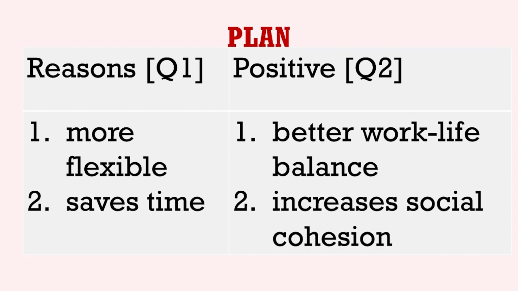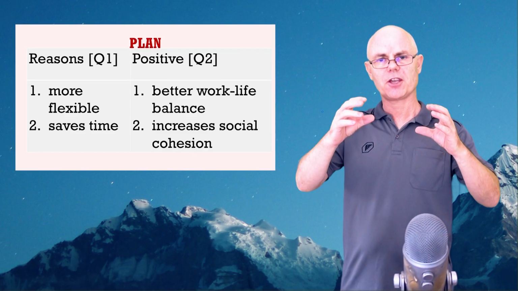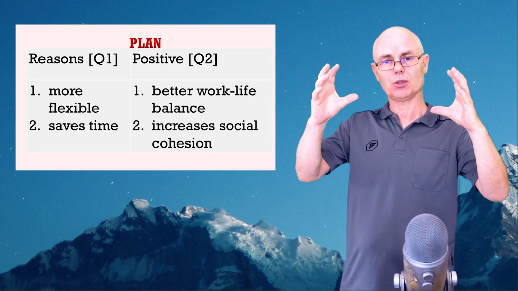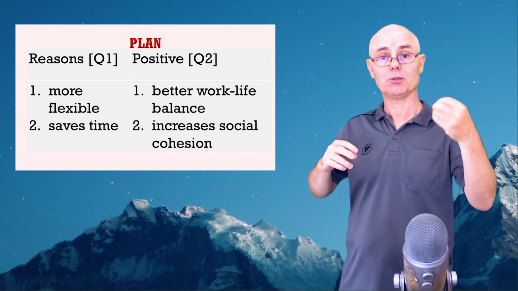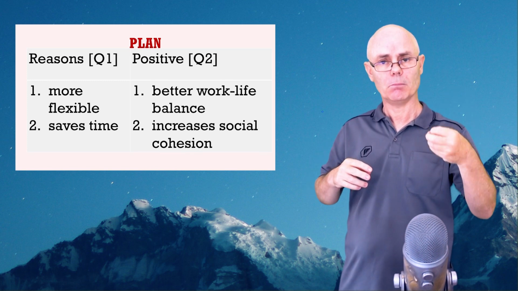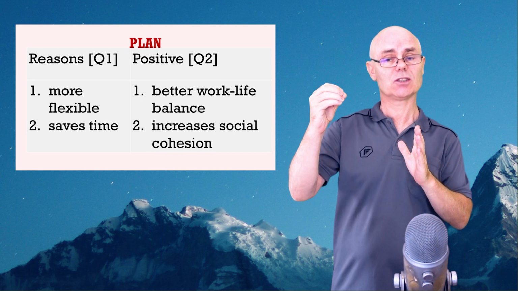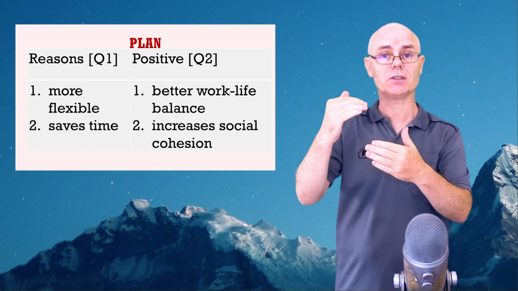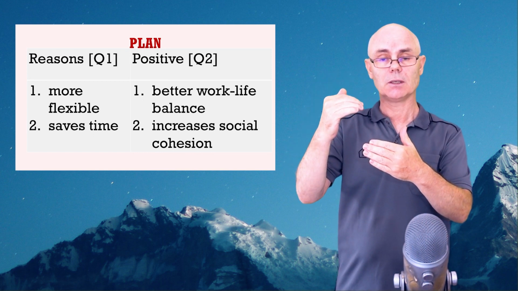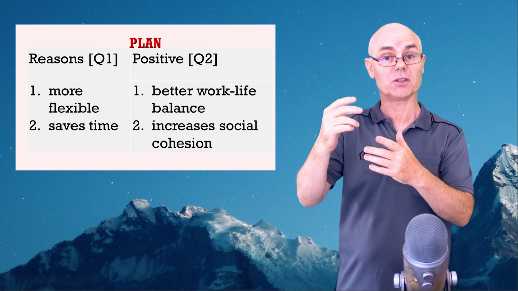Also, given that my reasons are both positive, it seems logical to stick with positivity and say why these reasons are positive. The other thing I'm doing is connecting my two questions. So my reason of more flexible gets linked to my positive point of better work-life balance.